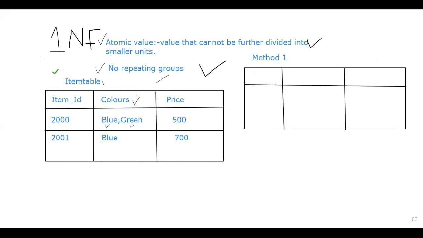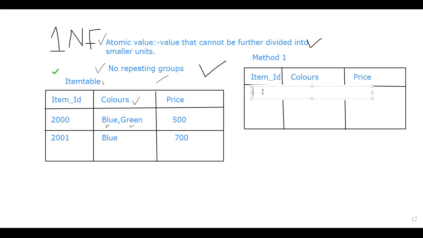So here I'm going to say the first one as item ID, right? Then here let me say colors. Then here let me say the price. Now I'm going to do a thing like this, okay?